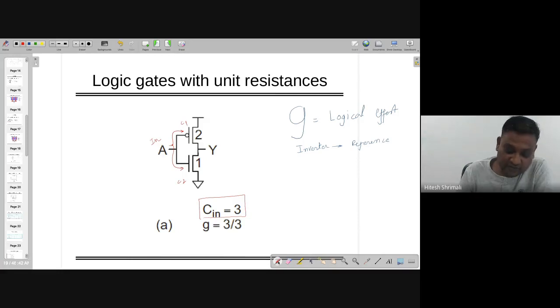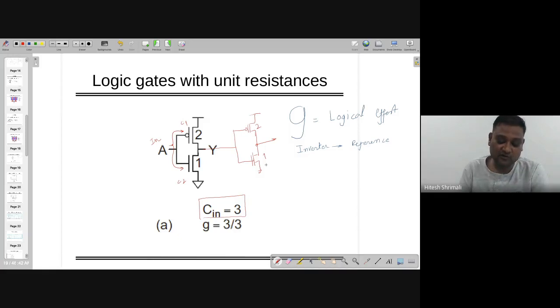There is one more thing. An inverter can only drive the same inverter, because we have designed it for that. If these ratios are changed, it cannot drive it. When I say it cannot drive, it means the output will get distorted.